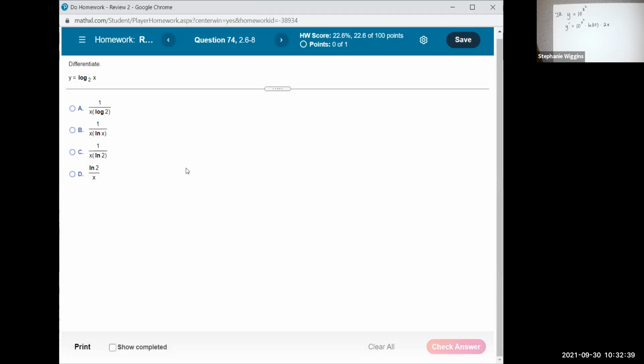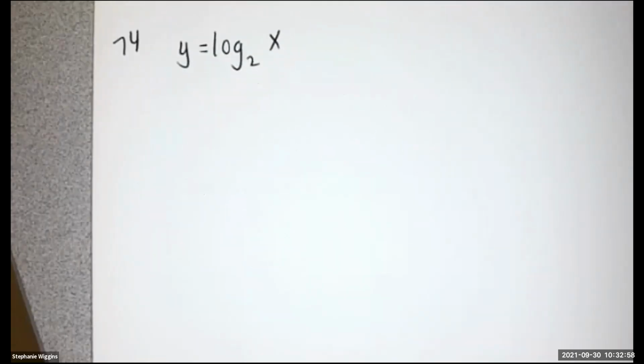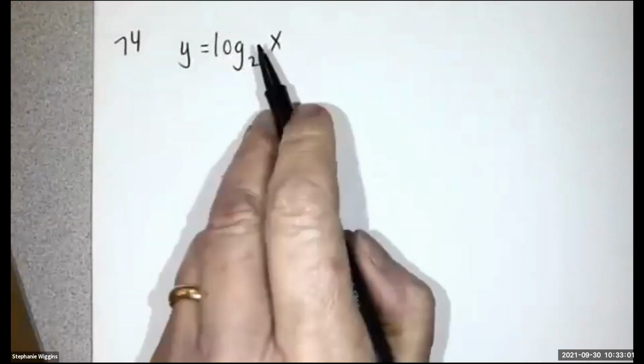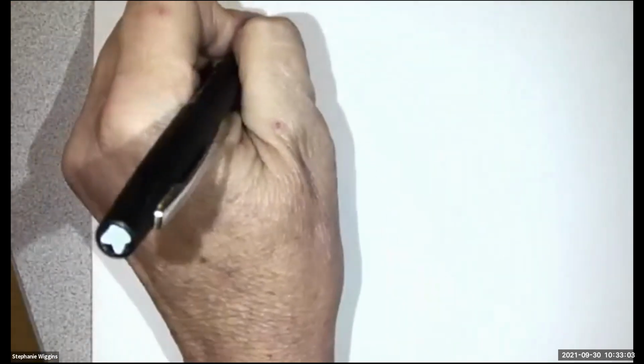Okay, now we're doing log functions. Log functions also have 3 steps. So I'm going to go through a few examples of these type. So 74, we have log base 2 of x. The way we differentiate a log function is you take the reciprocal of the inside. Here's the inside of the log.